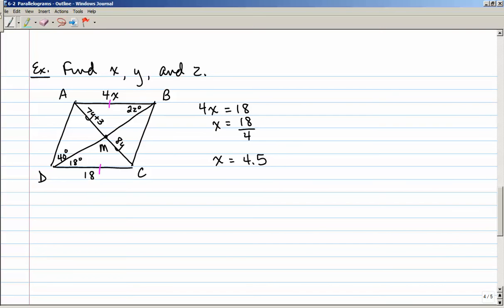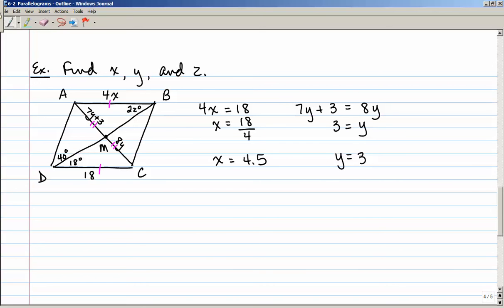Next, I have a diagonal AC here, and I know that the diagonals of a parallelogram bisect each other. So M is the midpoint of AC, and AM is congruent to MC. So I can write an equation: 7y plus 3 equals 8y, and subtracting 7y from both sides, y is equal to 3.